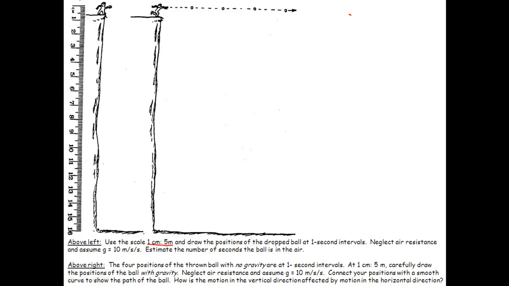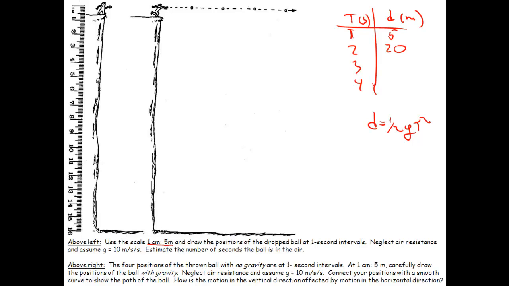If you do the math very quickly, do a time versus distance. In seconds is the time, 1 second, 2 seconds, 3 seconds, 4 seconds, and the distance is meters. Using the formula, d equals 1/2 g t squared. Time for 1 second is 5 meters. For 2 seconds, it's 20. 3, it's 45. And 4, it's 80.